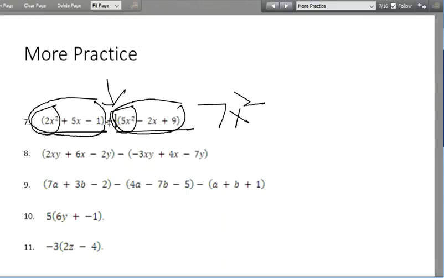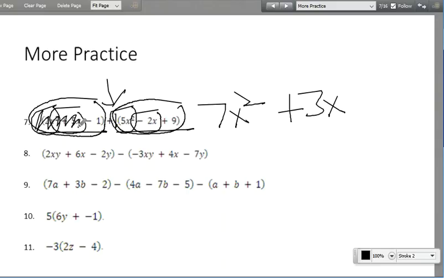Okay, and then we also have a 5x and a negative 2x. Because there's a minus sign in front of this 2x, that actually makes it negative. So remember, when you're combining like terms, you just combine the coefficients. 5 plus negative 2 is a positive 3x.